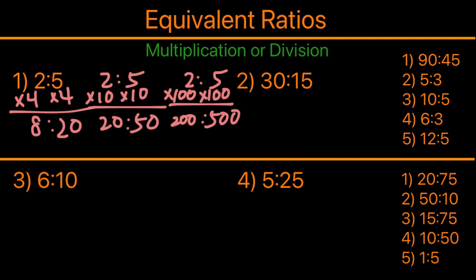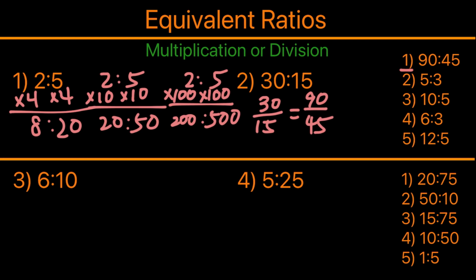Now, what if you were given a ratio and were provided multiple choices to decide which one matches the ratio? That's what the second example is. 30 to 15. So we want to know which options are equivalent to 30 to 15. The first answer: we could convert the ratio of 30 to 15 to 90 over 45, and we can see if they match up.